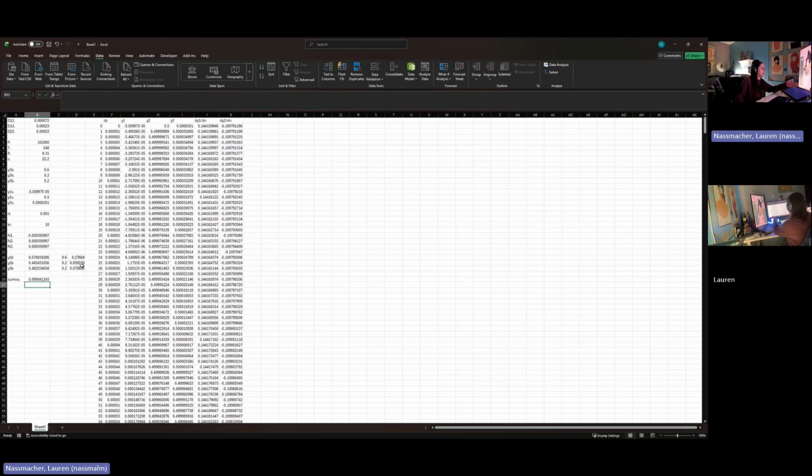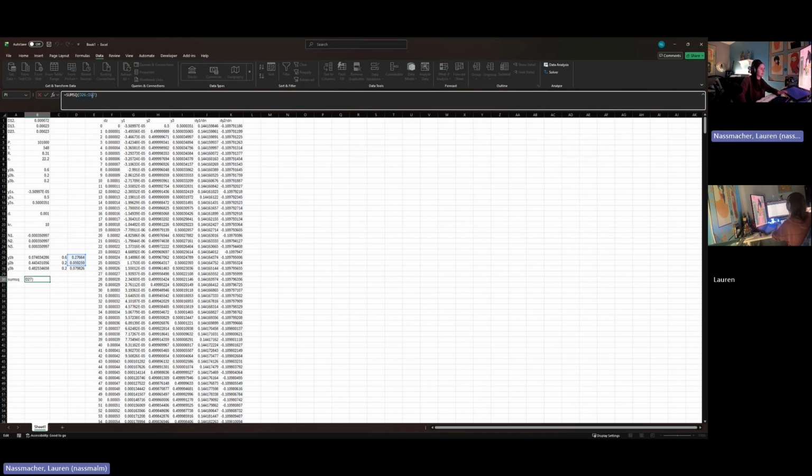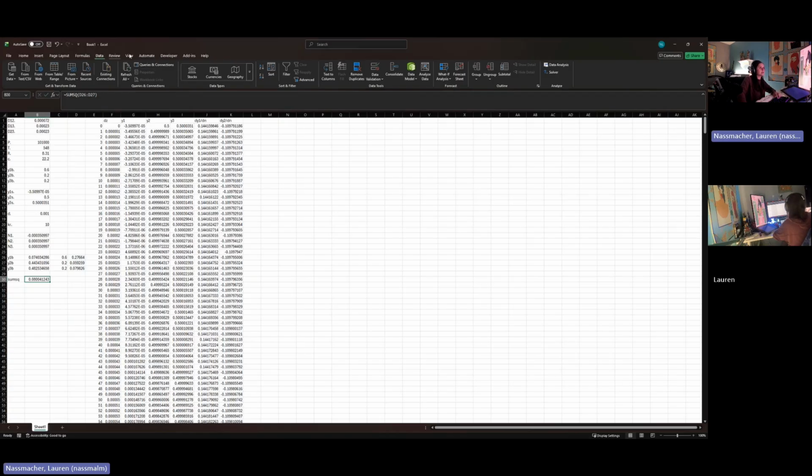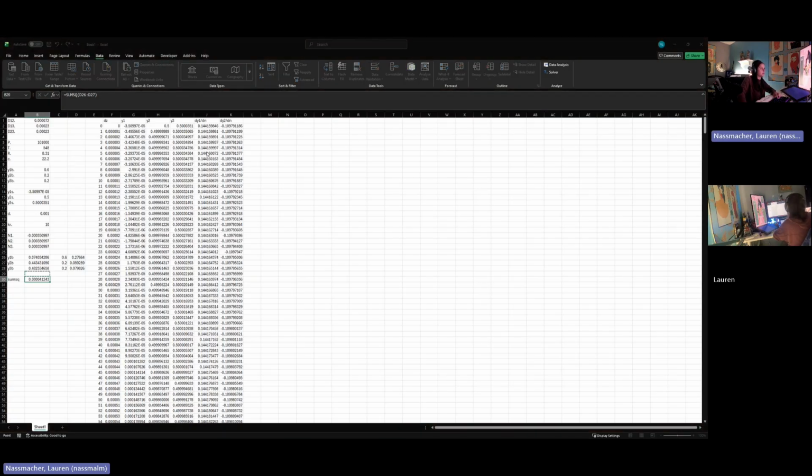We're just going to do 1 minus y1 minus y2, and that'll get us our third molar fraction. So this is our sum squared value, and it's not exactly what we want it to be, right? So we can take our solver, and we can change it to the smallest value possible by changing these two cells. Don't have to change the third one, that will change automatically.